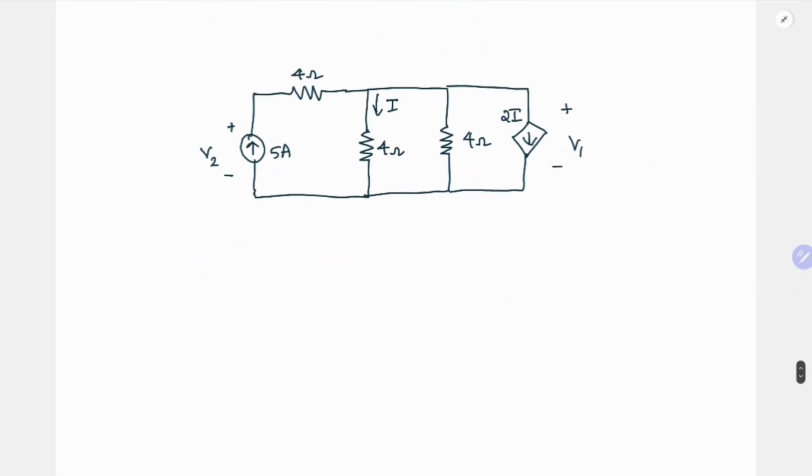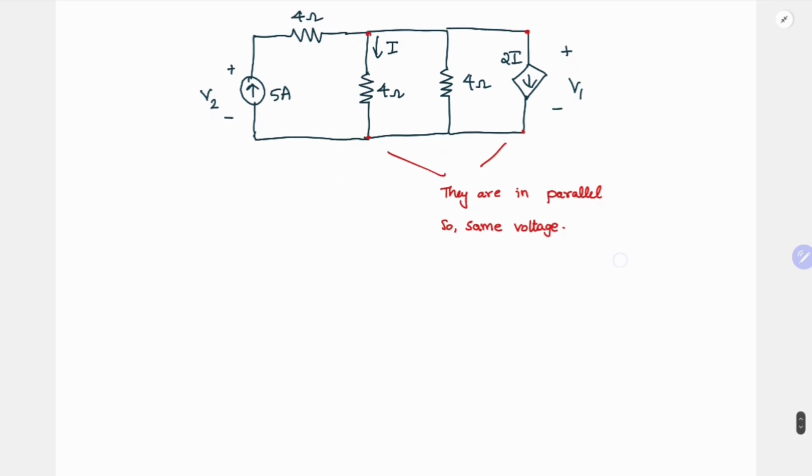So one thing to observe here is, if you notice this 4 ohm taking I and this one taking 2I, they are having the same voltage V1 across them because they are in parallel, right? So same voltage. And other thing, if this takes I, this is taking 2I, which means that the impedance of this should be half of this, right?